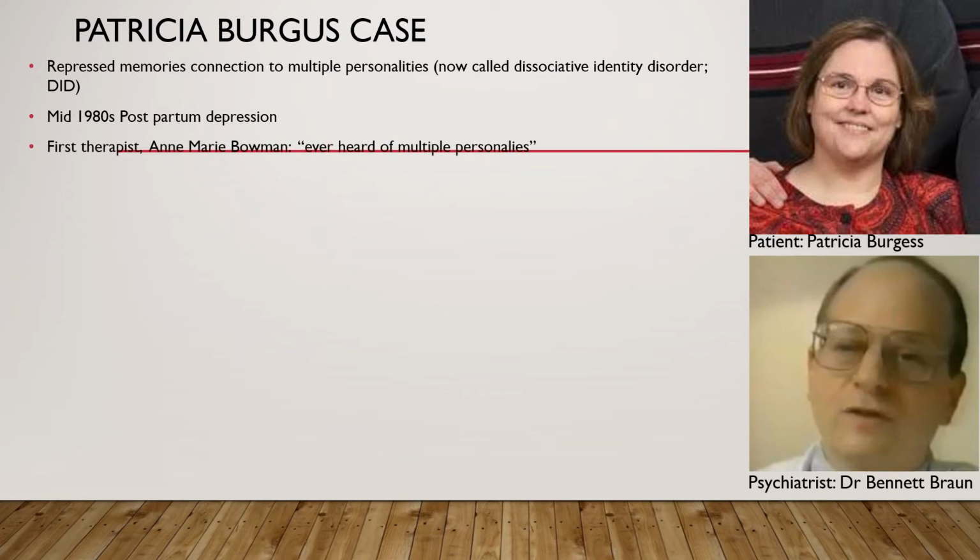She went to a therapist, Anne Marie Bowman, and instead of the therapist understanding what the probable cause of the depression was, which is fairly obvious, she instead started to ask questions of Patricia. Have you ever heard of multiple personalities? So she led her down the track of maybe that she has multiple personalities, and that may be the cause of the depression.